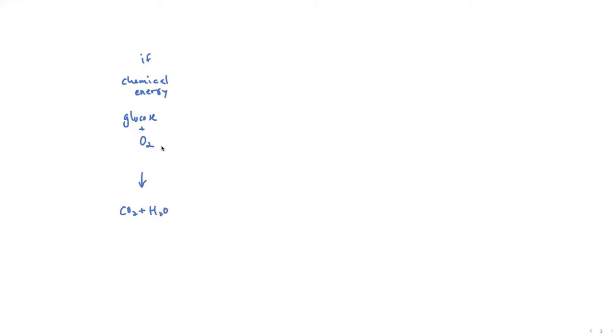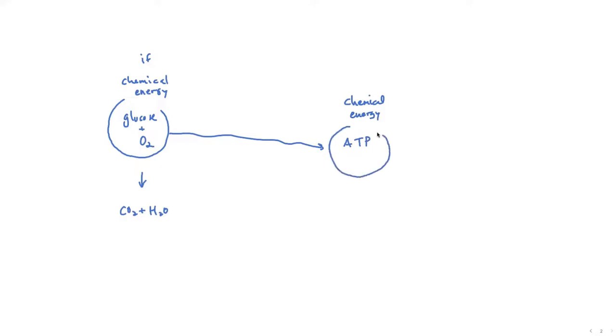But the chemical energy that we have in the form of glucose and oxygen at the beginning is going to be converted into chemical energy in the form of ATP. Right? Here's the chemical energy that we're ending up with. And eventually we'll be using ATP to produce ADP and phosphate, and the energy released is going to be used to drive cellular work.